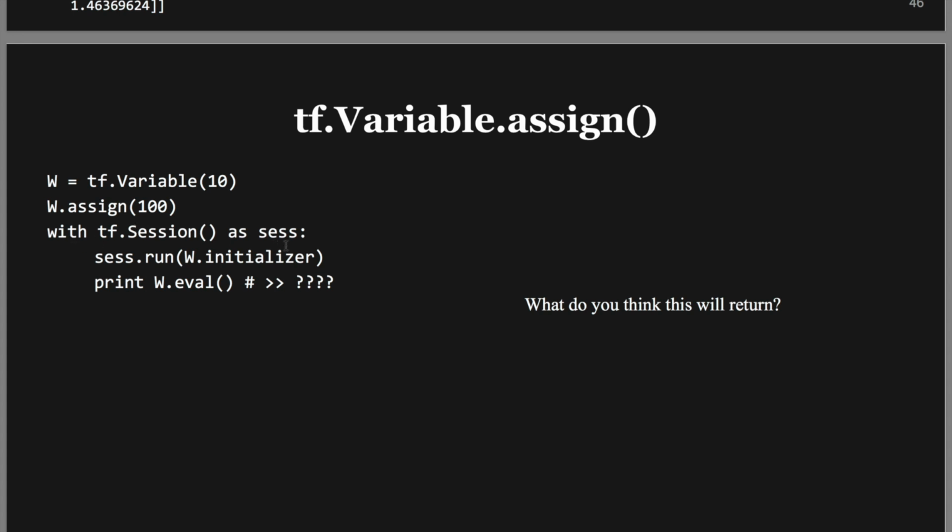So with tf.Session() as sess: sess.run(w.initializer). Now at this point, w is initialized to the value of 10. Now, if we call print(w.eval()), you would think that since w.assign(100) has gone through, we should get 100, but we have not yet explicitly called w.assign(100), so what you will see is 10.